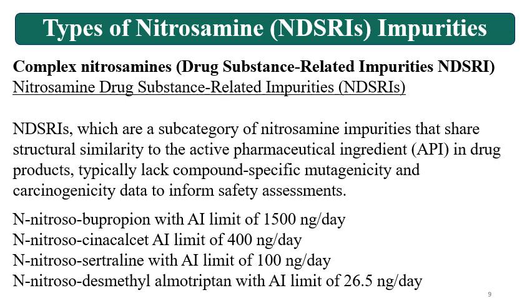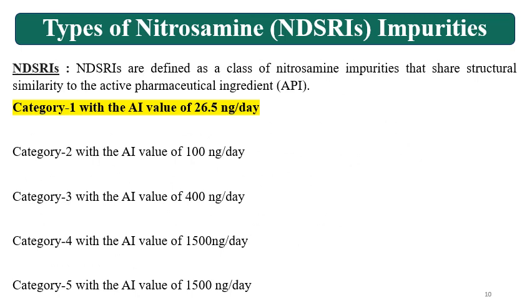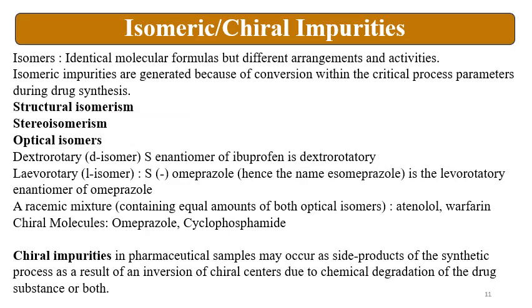That means this impurity is the most potent type of nitrosamine impurity. Then they are categorized: category 1 with an AI value of 26.5 nanogram, category 2 with 100 nanogram, category 3 400 nanogram, category 4 1500 nanogram, and category 5. Category 5 also has 1500 nanogram per day as the acceptable intake limit.